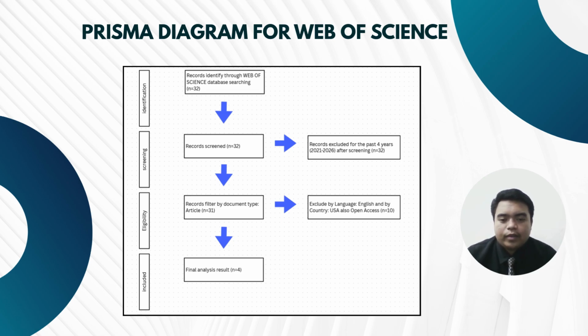Records filtered by document type, which is article, is 31. After that, records excluded by language, which is English, and by country, which is USA, and also by open access status, it becomes 10, and the final analysis result for Web of Science using our keyword is only 4.